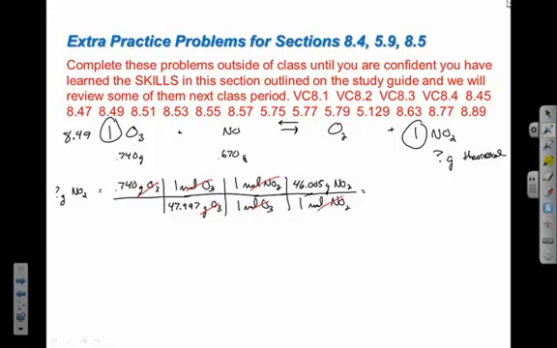So I would multiply that all together then. That tells me I should be able to make up to 0.709 grams of NO2.